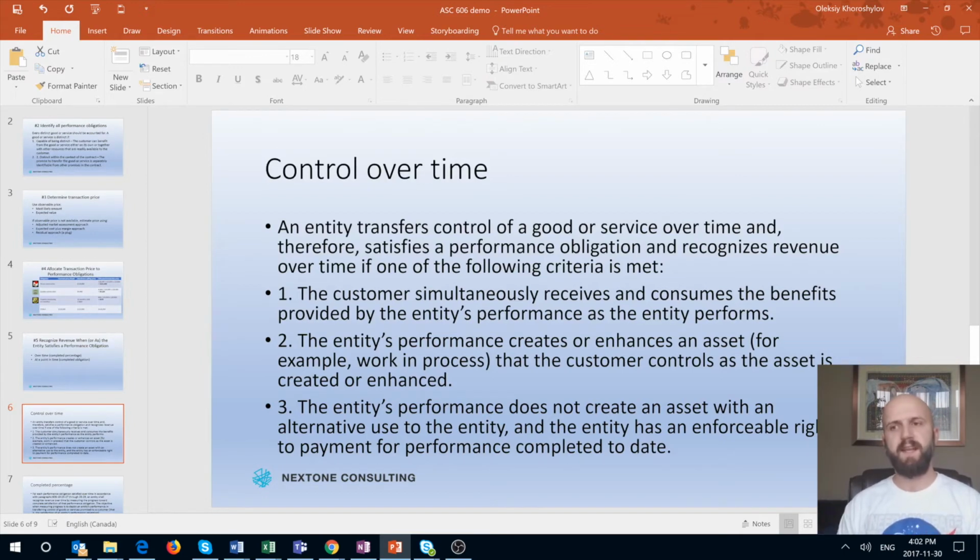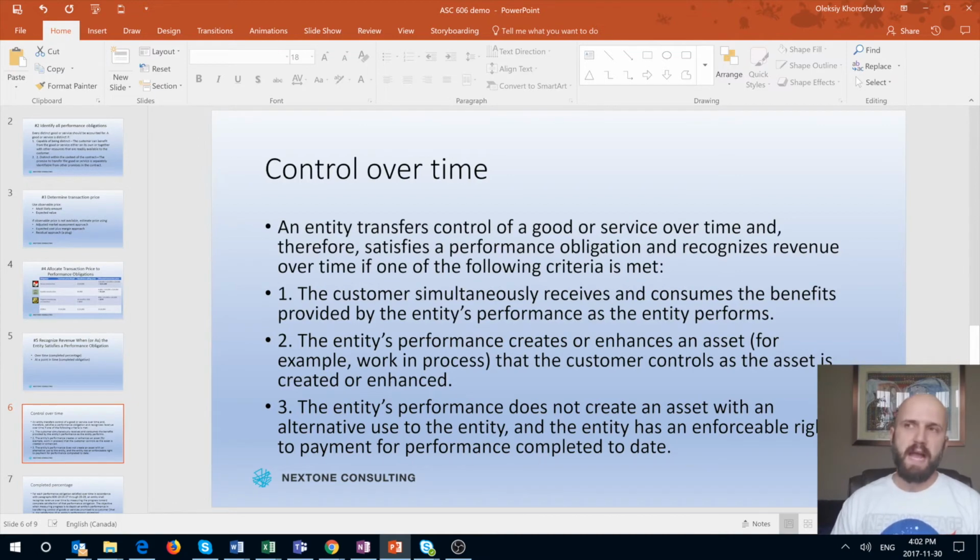Therefore, in this scenario, the company would qualify to recognize revenue over time. And the third and last criteria is that the entity's performance does not create an asset with an alternative use to the entity, and the entity has an enforceable right to payment for performance completed to date.